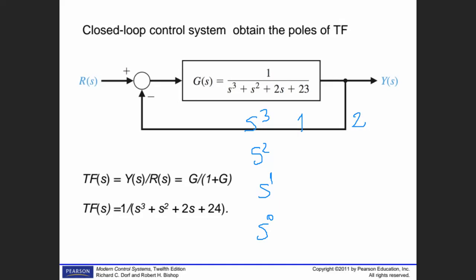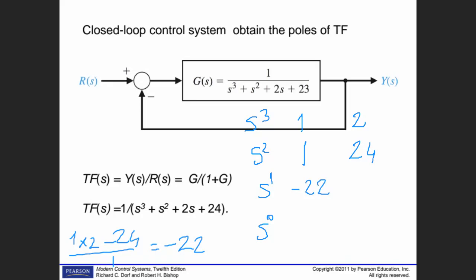For S2 now it's 1 and 24. For S1, 1 times 2 minus 24 divided by 1, which is minus 22. So that one is minus 22.